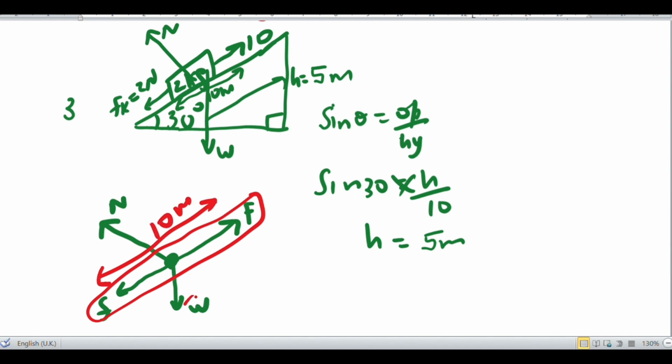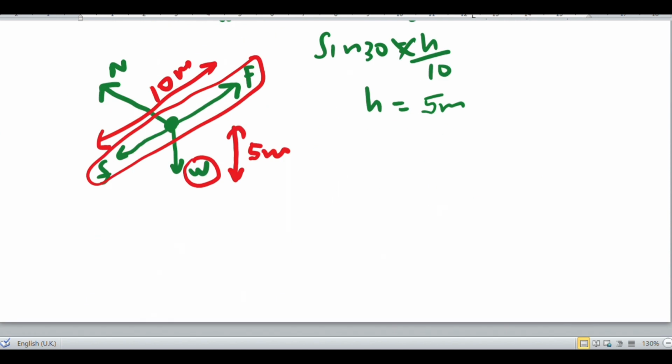Then the weight goes with the height, which is 5 meters. So it is very important to calculate the height so that everything becomes easy.